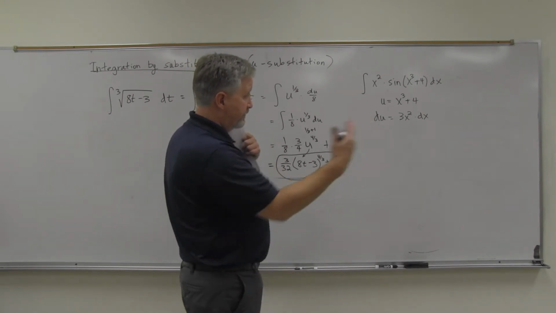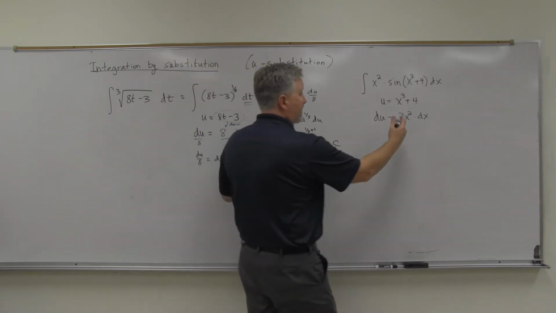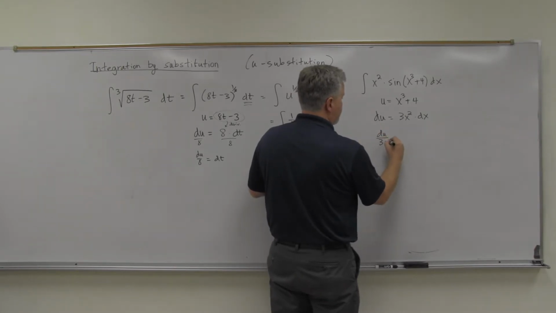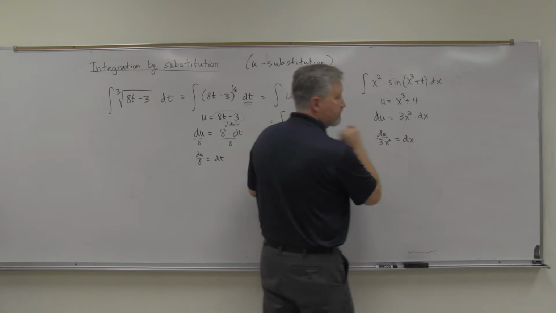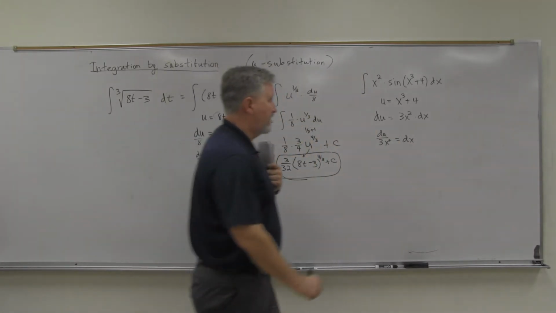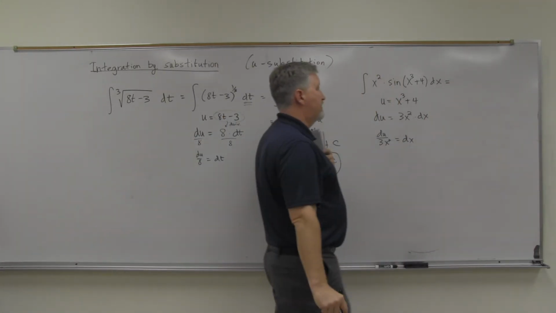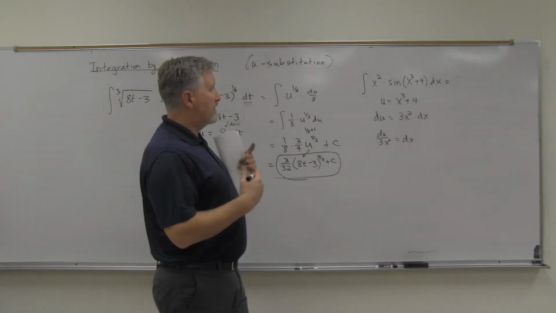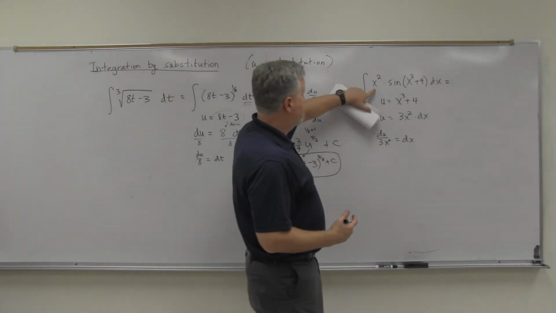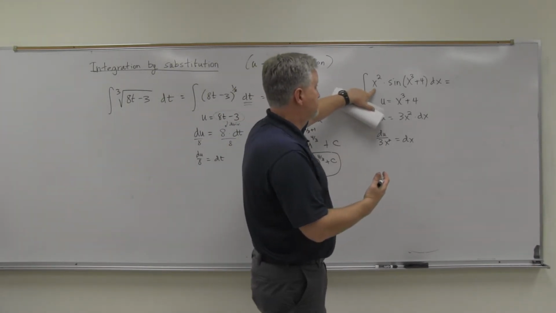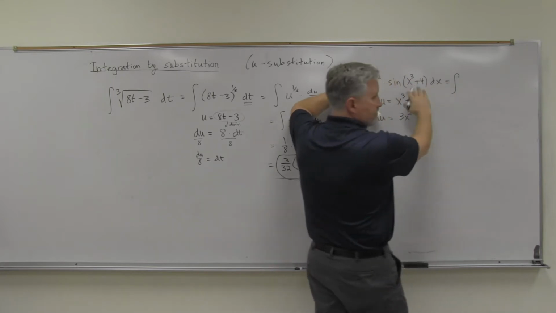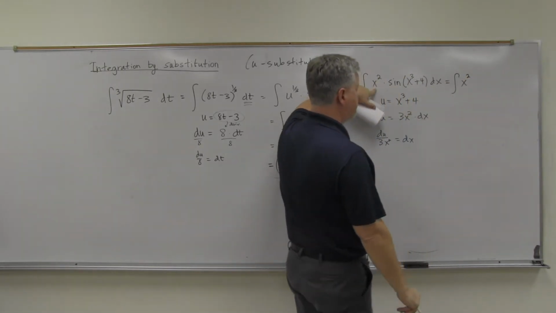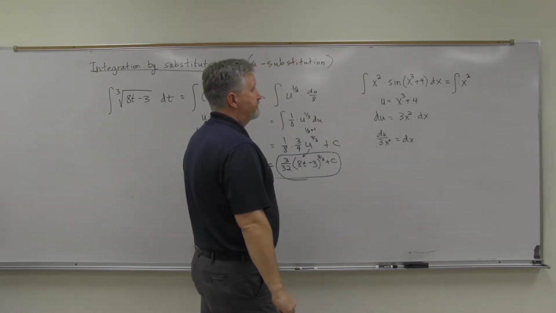Since I'm wanting to substitute for dx, go ahead and divide off the 3x squared here, and that'll be what I replace dx by. Okay? All right. So now, going back to the integral, we have that x squared, and it wasn't what I substituted the u for, so I'm just going to leave that there for a second.